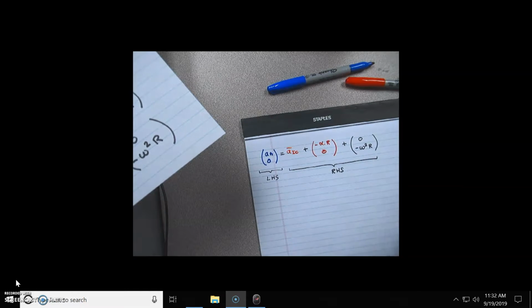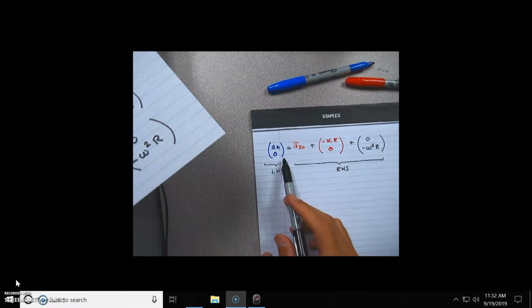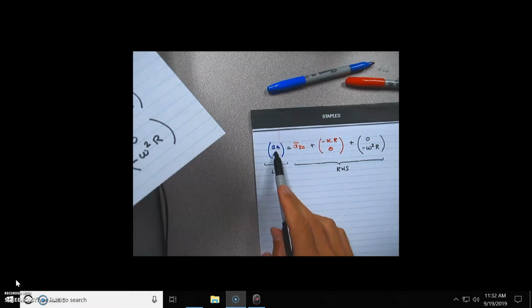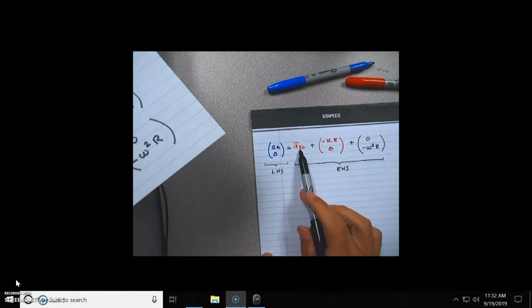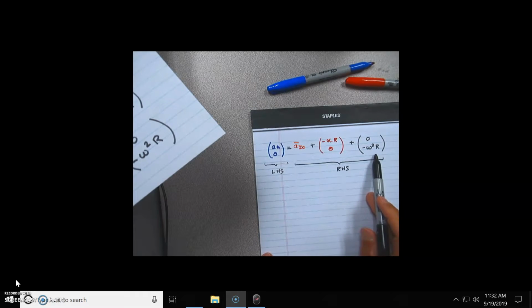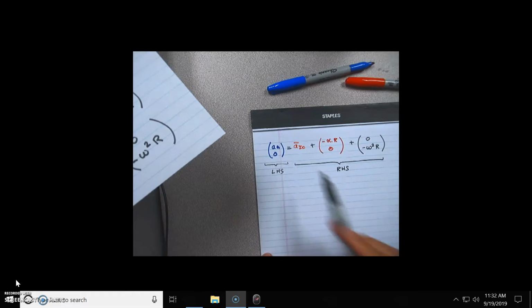Okay, so basically what the left-hand side is saying over here is that the acceleration of A only has a component on the x. But this equation is showing a component on the x and on the y, no? Yeah? So then the IC should do what? Should try to cancel this one.